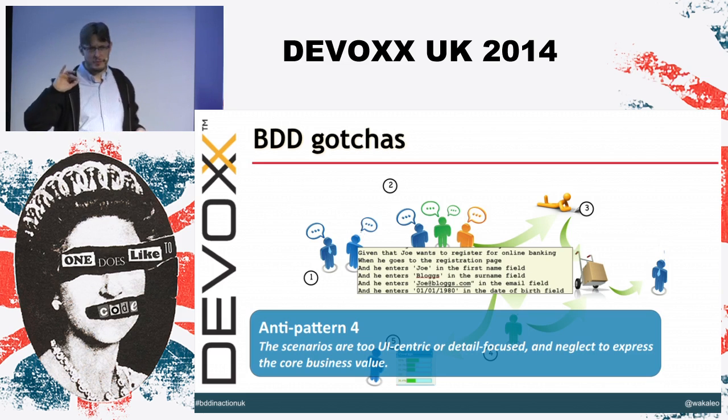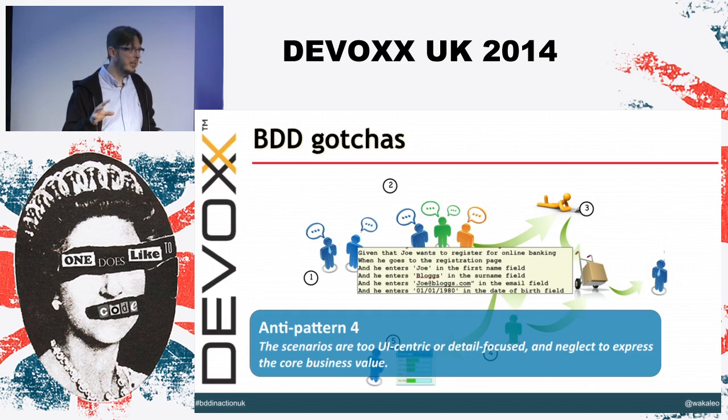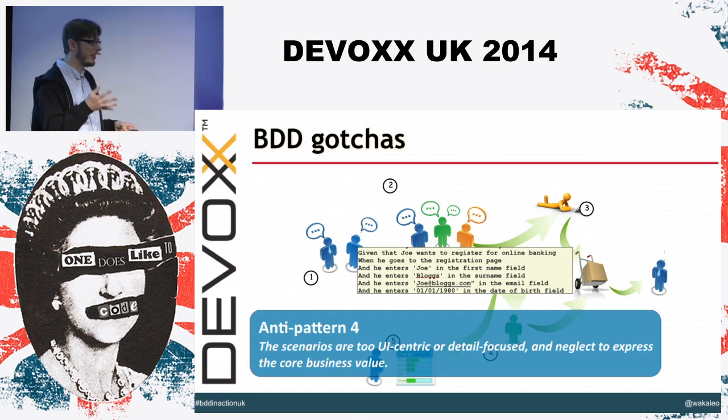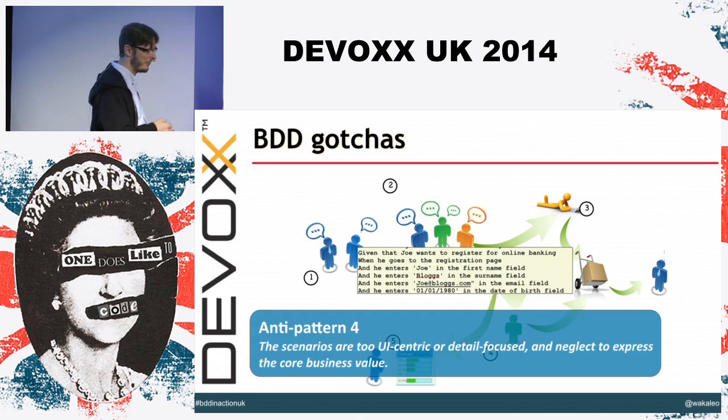When scenarios are UI-centric, you tend to lose focus on the actual business proposition of the feature, which is bad. Because it means you can develop typically a whole sprint's worth of work, fulfill all the acceptance criteria, deliver something, and then realise that the user doesn't actually need it or wants something else.